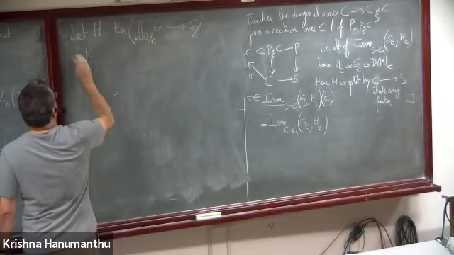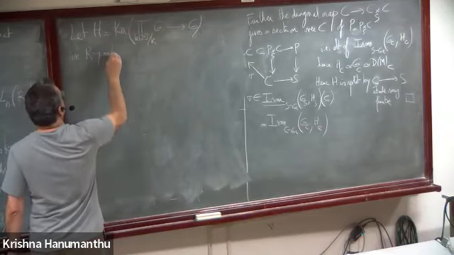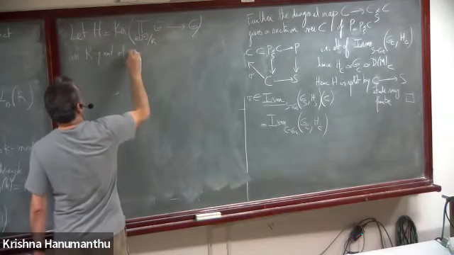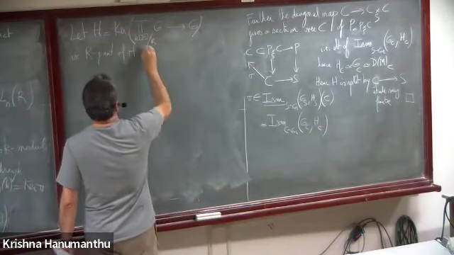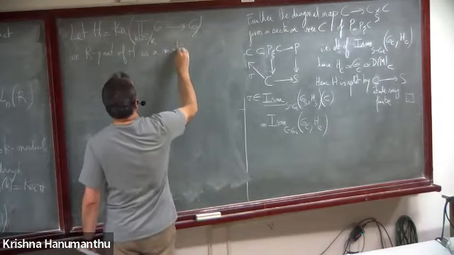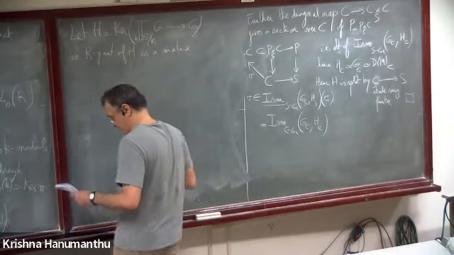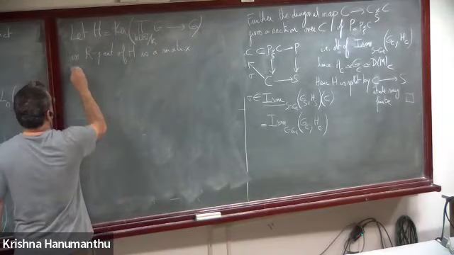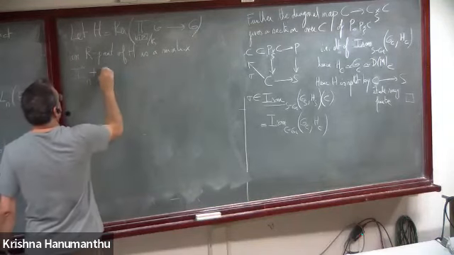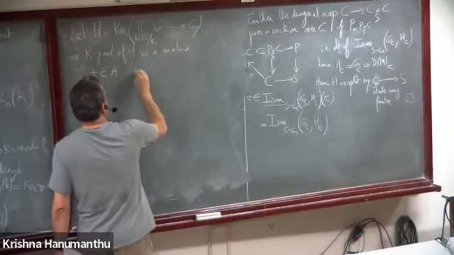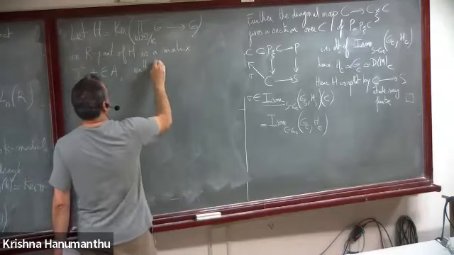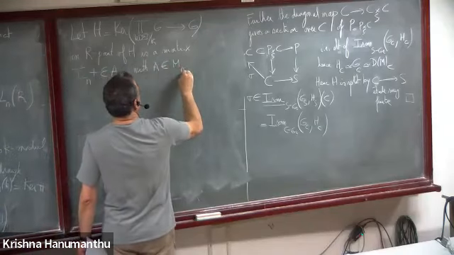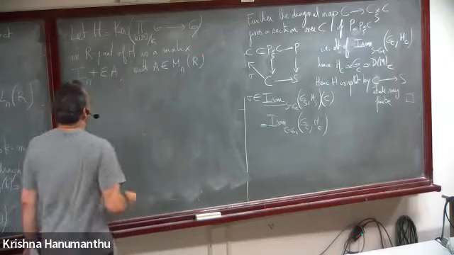And R points of H is a matrix of the form identity matrix plus epsilon A with A an n by n matrix.